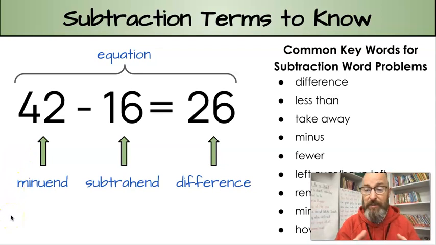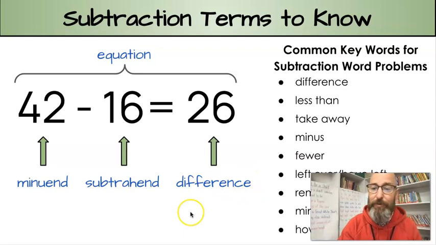It's what you started with. The subtrahend is the number you're subtracting. It's the number you're taking away. And last is the difference. The difference is the answer to a subtraction question. It's the difference between these two numbers. That's what makes it the answer. And when you get all these together, you have an equation.